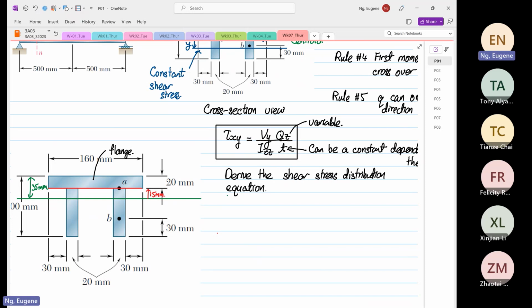Okay. So we're going to create what is known, as you all know in math, a piecewise equation, which is controlled by the constant thickness of the structure.